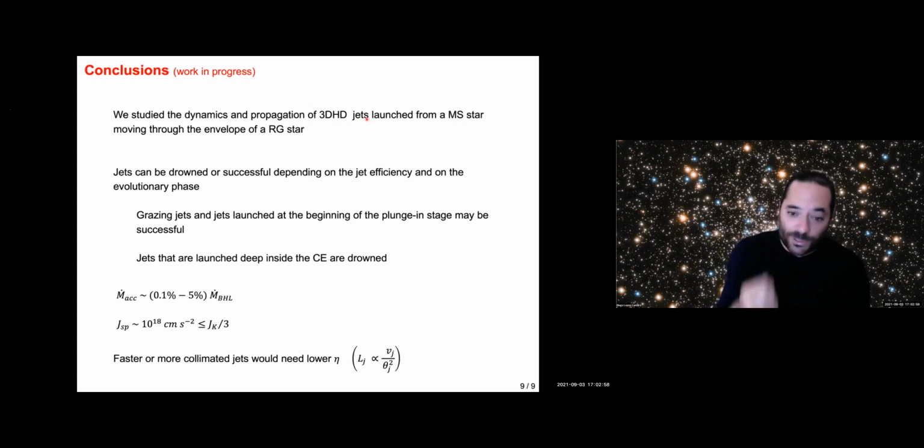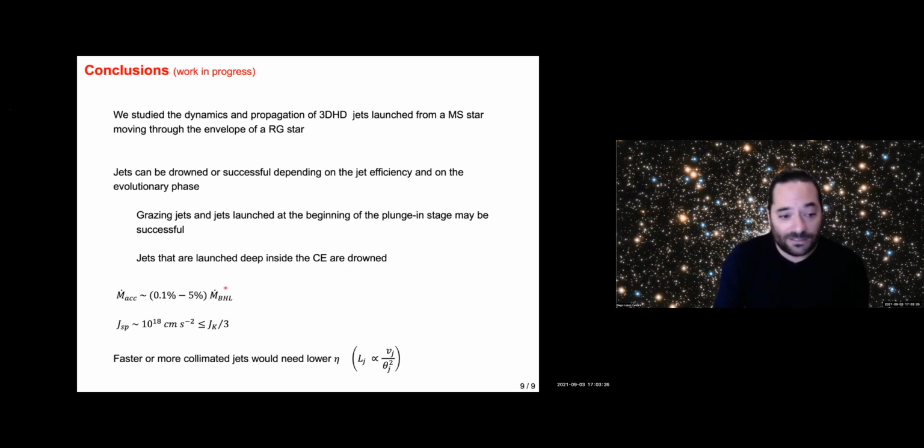We joined forces with large-scale simulations that Sagiv and Roberto provided, and we saw that the jets are successful or drowned depending on the jet efficiency and on which evolutionary phase they are in. At the border, it's easy to launch a successful jet, and the further into the common envelope you go, the more difficult it is.